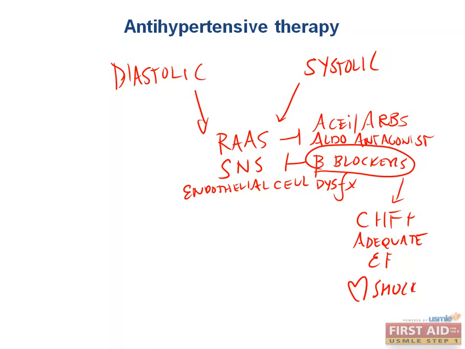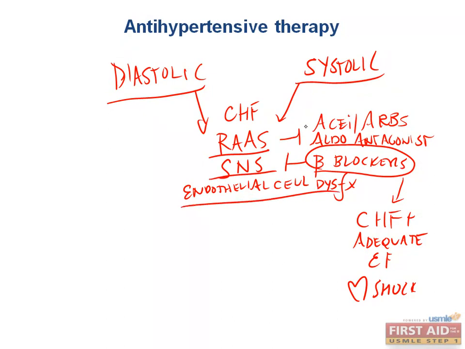So again, let's quickly review whether they went from diastolic dysfunction or systolic dysfunction to congestive heart failure. There is an overactivation in response of the RAS system. There's also activation of the sympathetic nervous system, and there's a component of endothelial cell dysfunction.